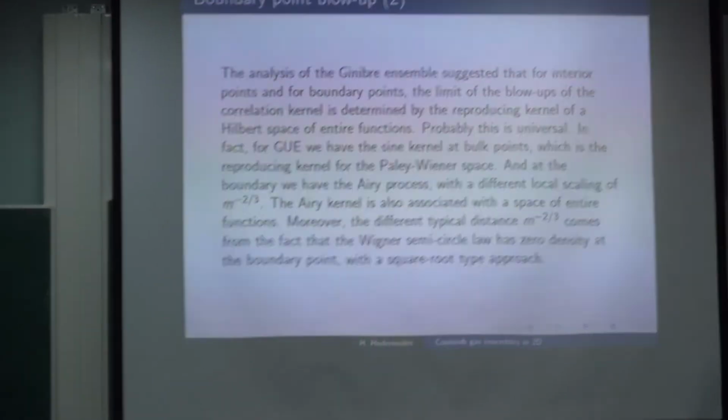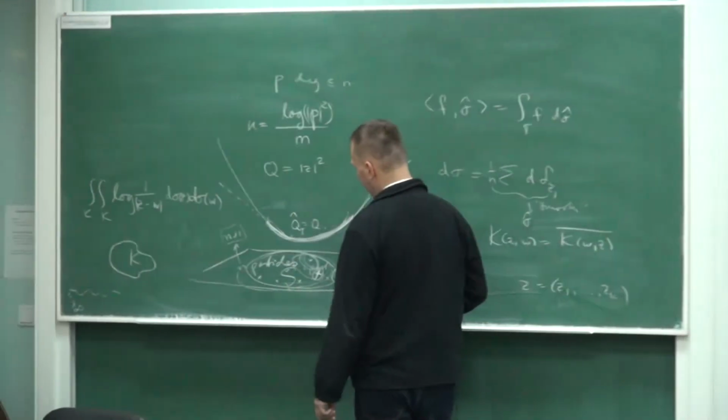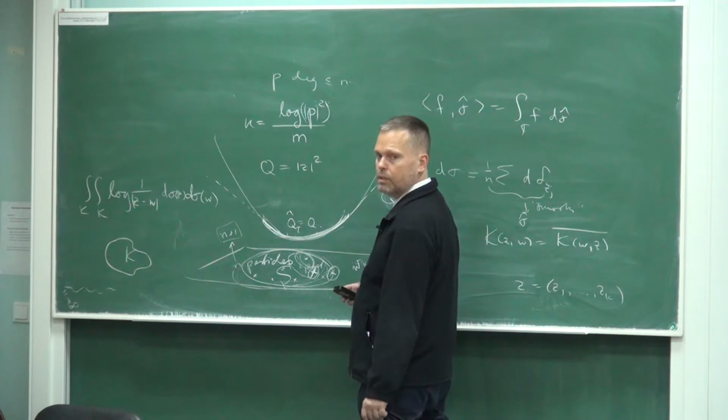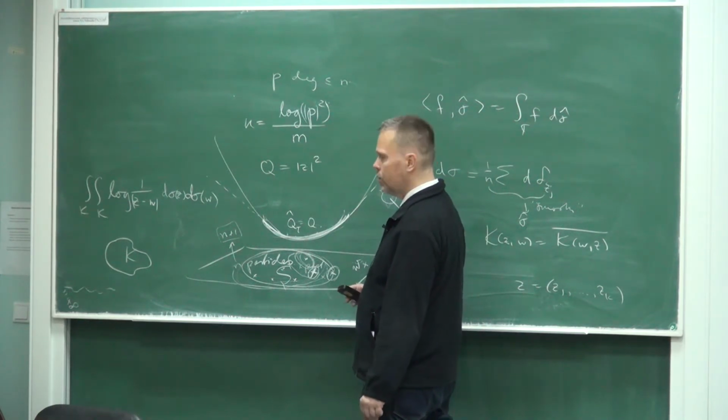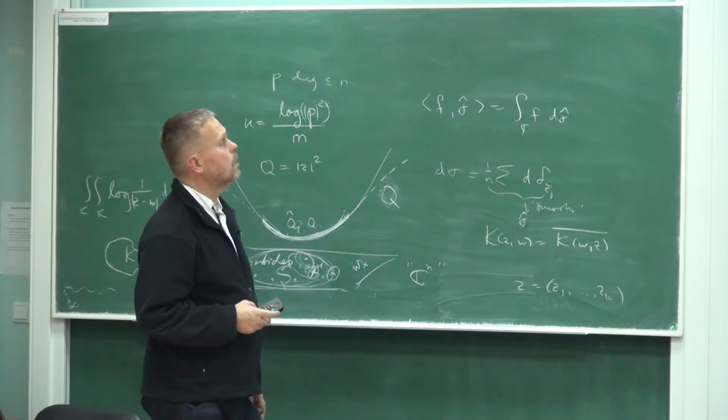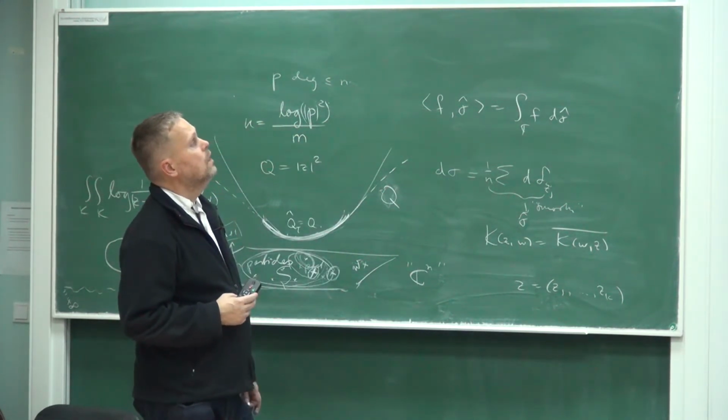So here, at interior bulk points, you get the classical Bargmann-Fock space of entire functions with the Gaussian measure.